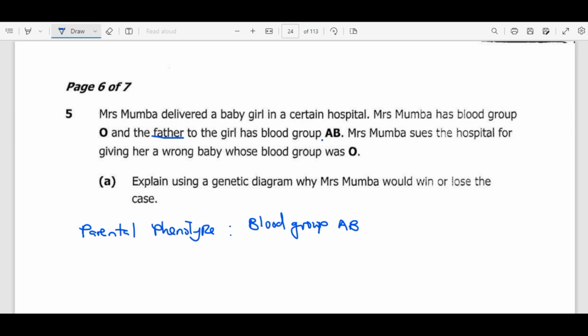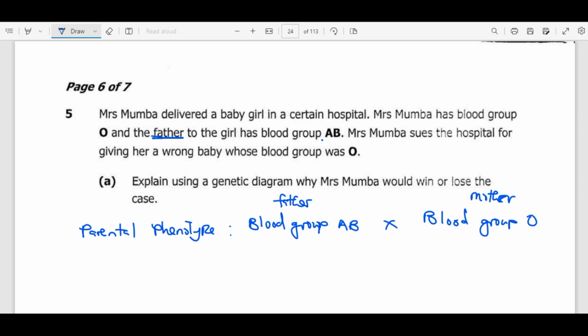So the father had blood group AB, and then the mother has blood group O.